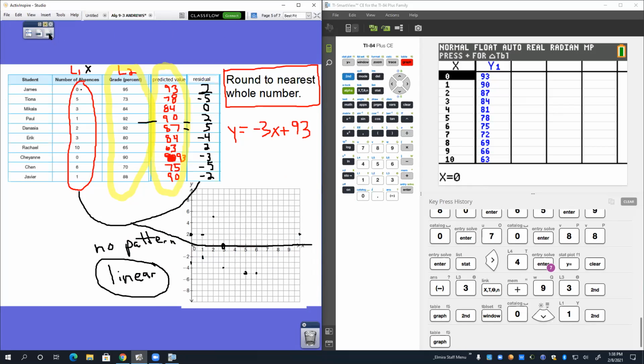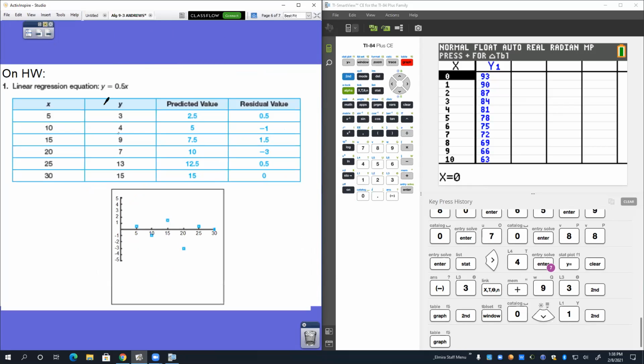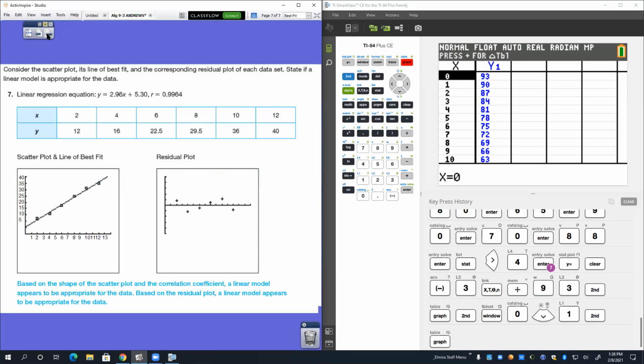All right, taking a look at the next slide really quick. On your homework, you had a question that looked like this, where you had to say whether it was linear or nonlinear. This represents scattered data all over the place, so this would be linear. You're going to have questions just like this.